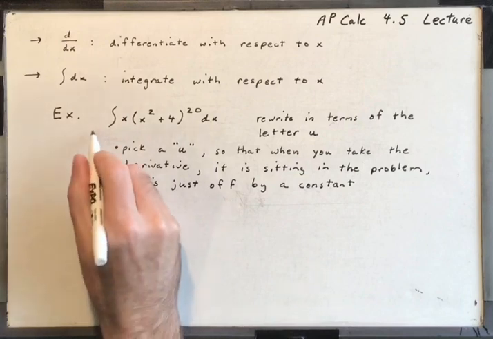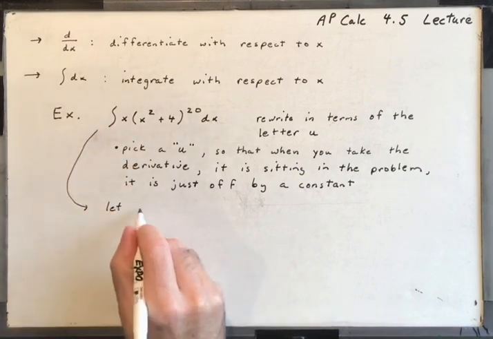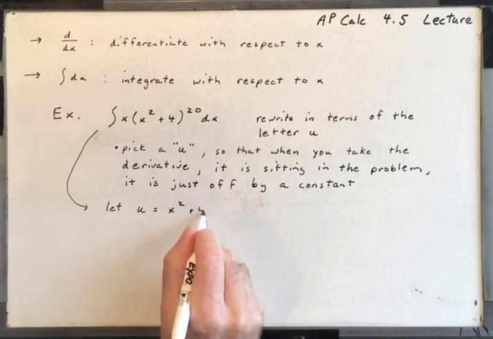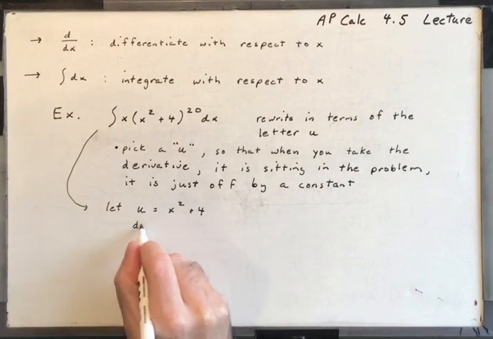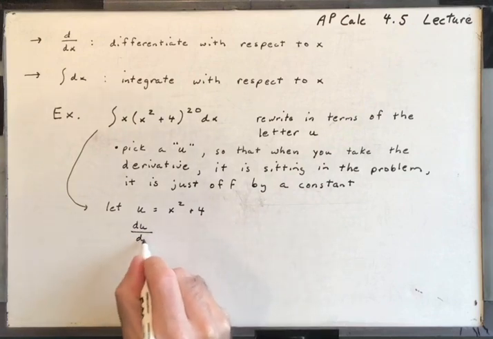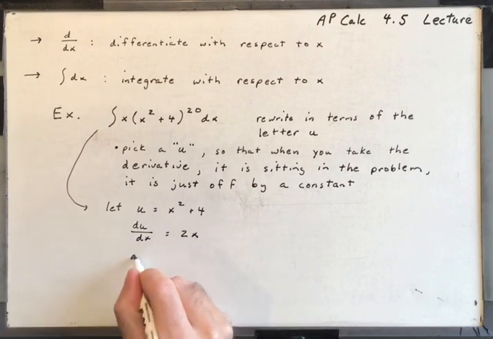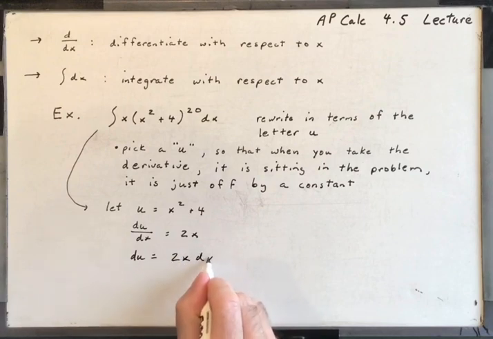Okay, so for this problem, we're going to let u be x squared plus 4. Then we need to take the derivative of that. du/dx is equal to 2x. So du is equal to 2x dx.